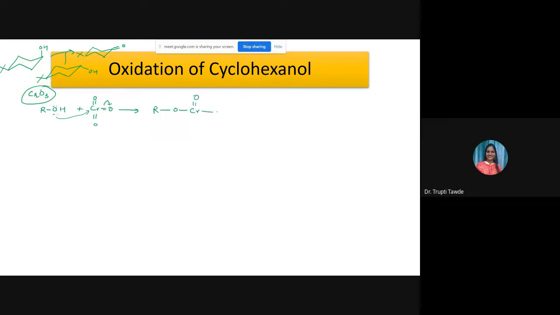This will become OH. So this is chromate ester in short. Chromate ester is formed in this reaction.